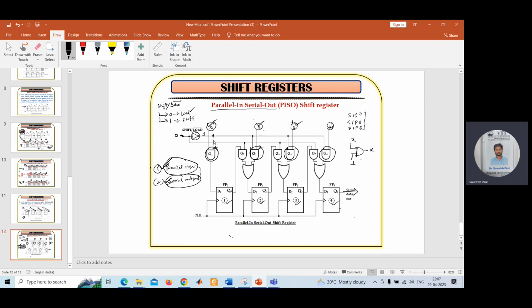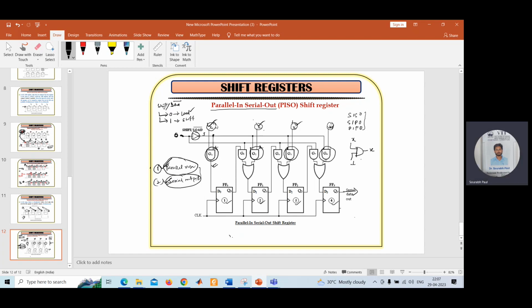As one of the inputs is 1 when you apply 0 in the shift/load bar terminal, it means that in the G1 gate, one of the inputs is 1. In G2 also, in G3 also, and G4 also, one of the inputs is 1. So ultimately, whatever input you give to the other terminal, that only you are going to get from these gates.